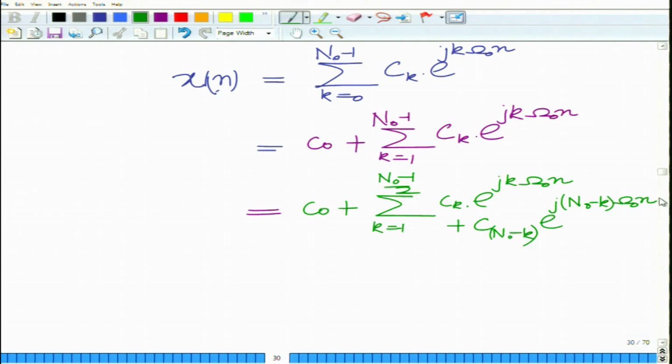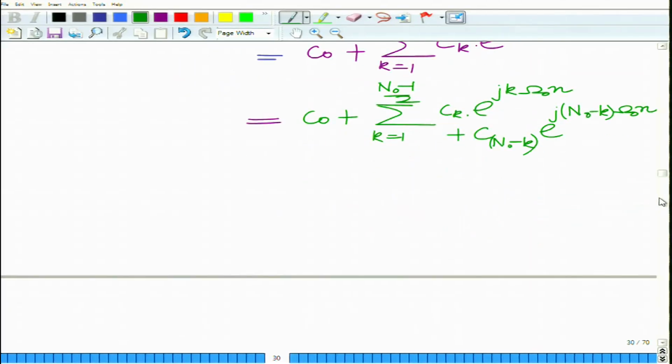So, I am splitting it into 2. I am varying the index only from k equal to 1 to (N naught minus 1) by 2, writing it as the sum of C_k e raised to j k omega naught n plus C of N naught minus k e raised to j (N naught minus k) omega naught n. Now, since this is a real signal, C_k and C of N naught minus k, which is C of minus k, are conjugates of each other.